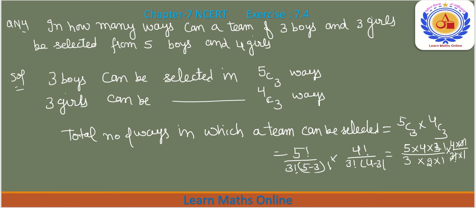After the cancellation, 2 to the 4th. So total number of possible ways are 40.